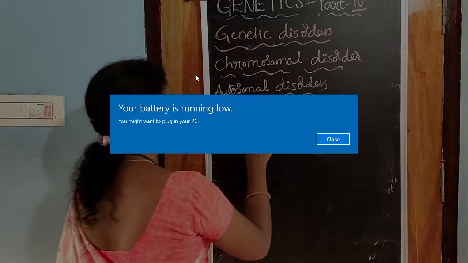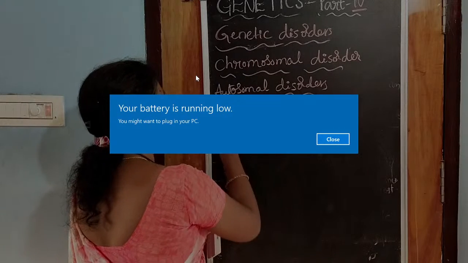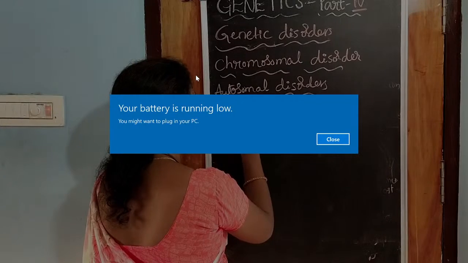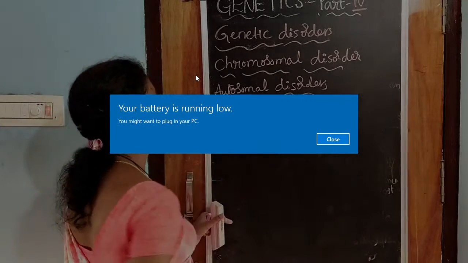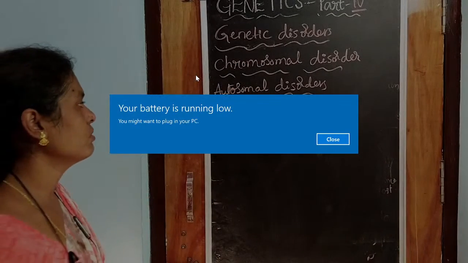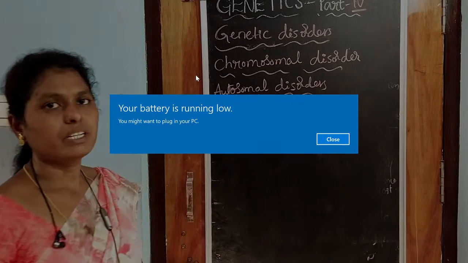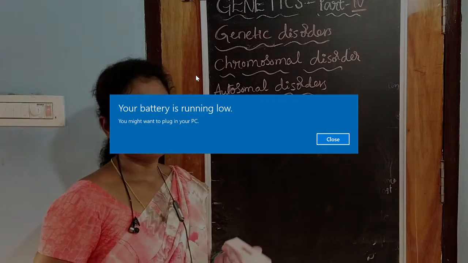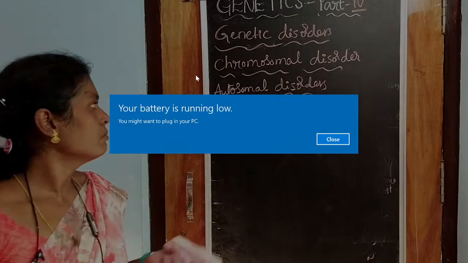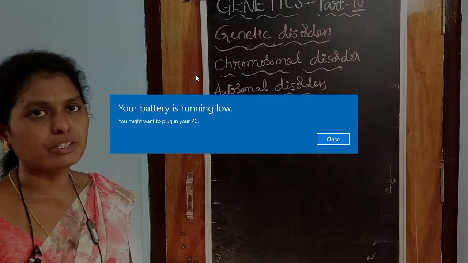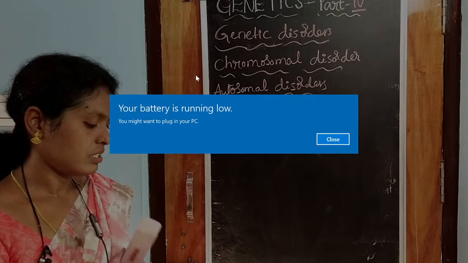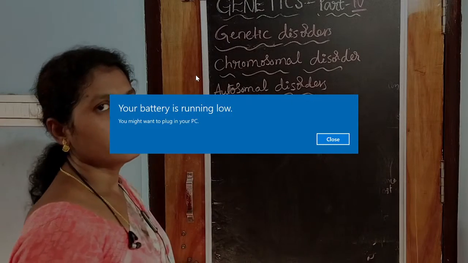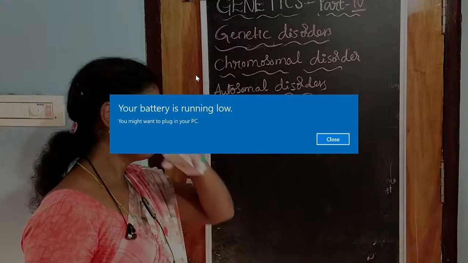So for these autosomal disorders, first of all, before going to know about them, these are common in children born to women who have their babies rather late in their reproductive phase.